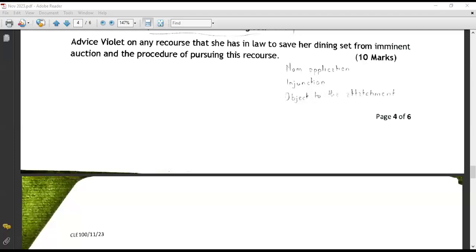So how do you go about objection? You must understand your civil procedure rules and act.